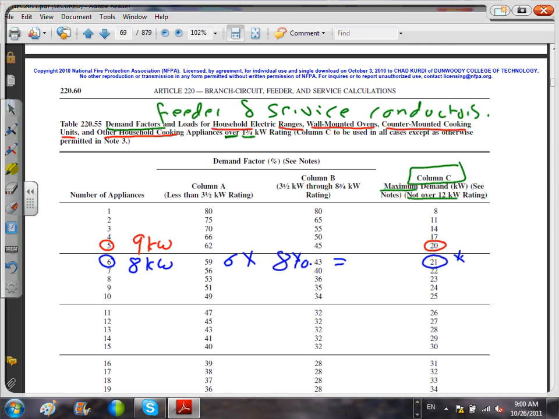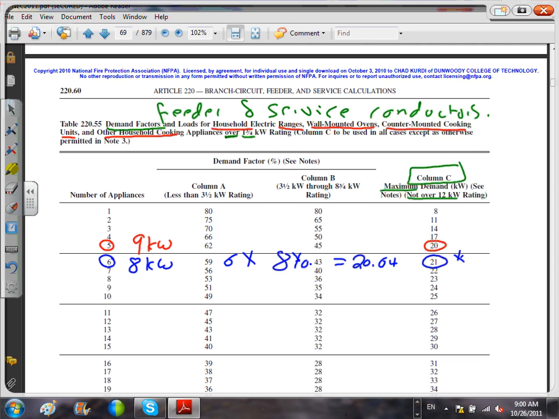So 6 times 8 times 0.43, 21. 20, actually 20 point what? 20.64. I want you guys to look at this carefully.